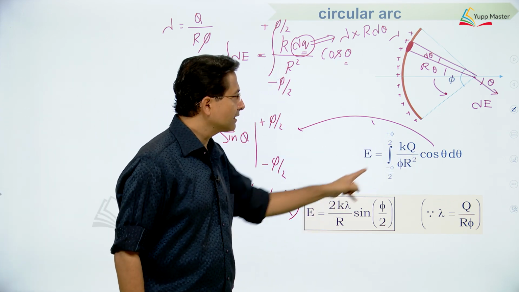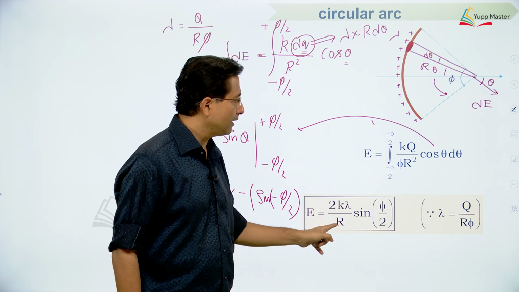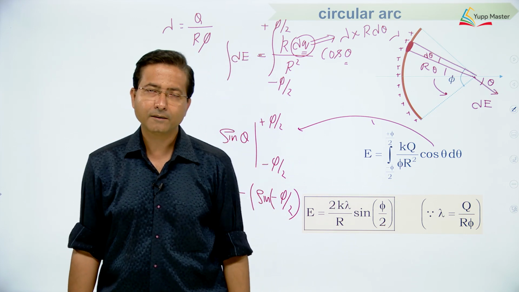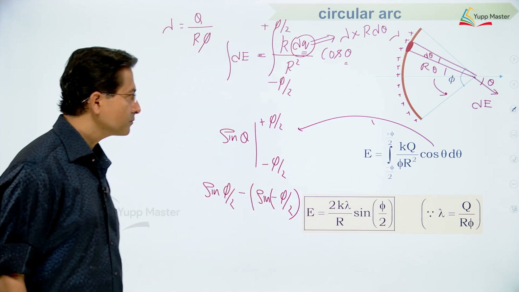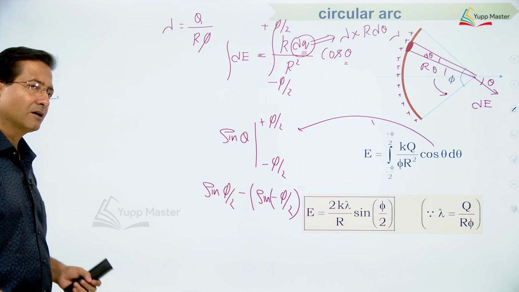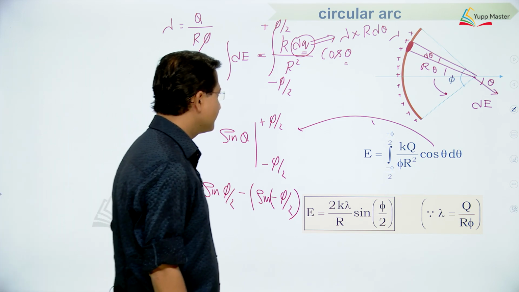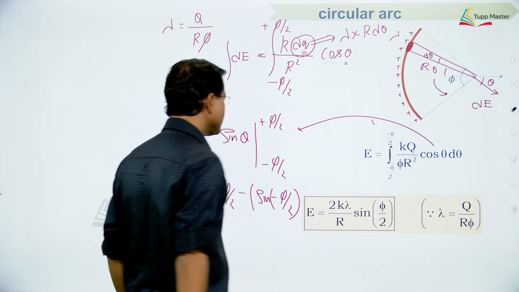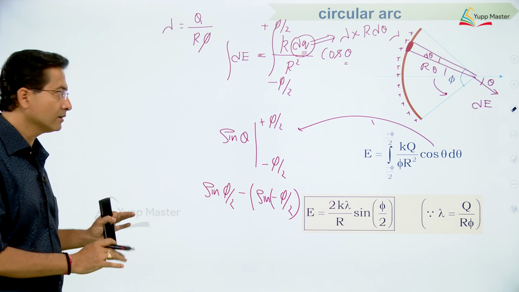This is k. In terms of lambda, if you want to write, it is 2 k lambda r sin phi by 2, where lambda is equal to q divided by r phi, right. So this is the field produced by a part of the ring. If you look at the result, one important point, sure. So I will erase this one, simple.